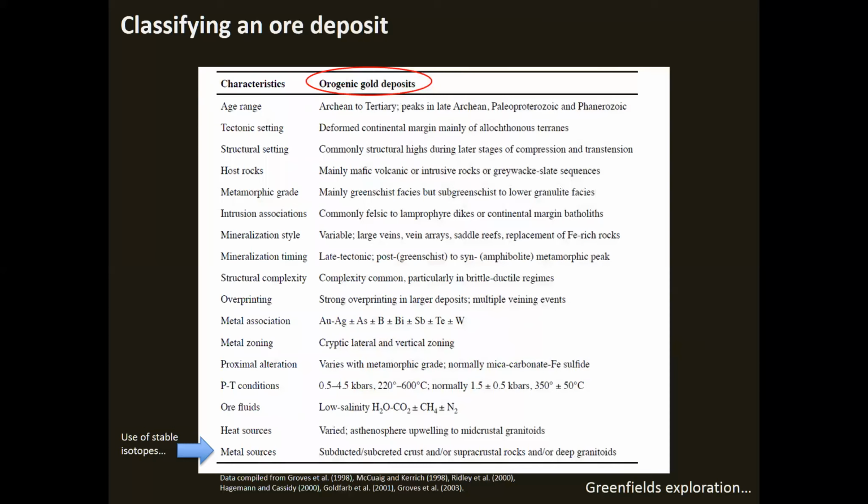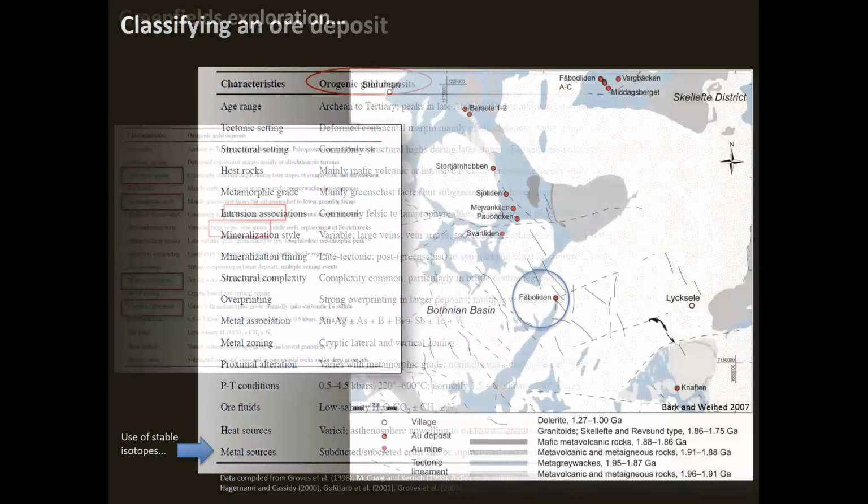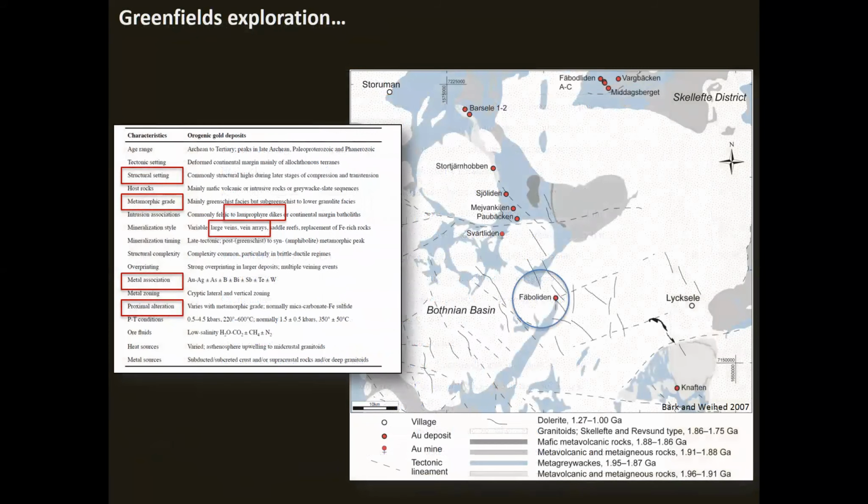Characterizing or classifying a deposit here is important for greenfields exploration. If we can investigate one of these deposits and find out which geological processes are important in the formation of this mineralization, we can use that knowledge to find out why the gold in Fäboliden sits where it does, and why it doesn't sit 4 kilometers to the north or 2 kilometers to the east, for instance.